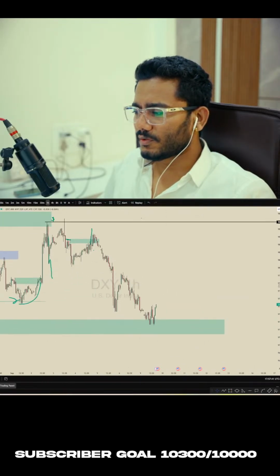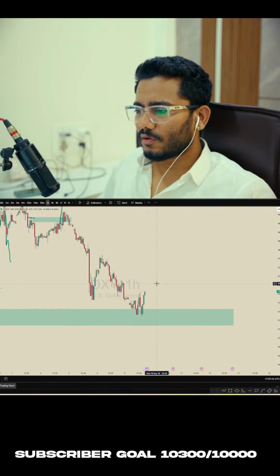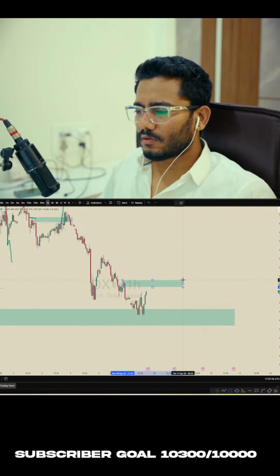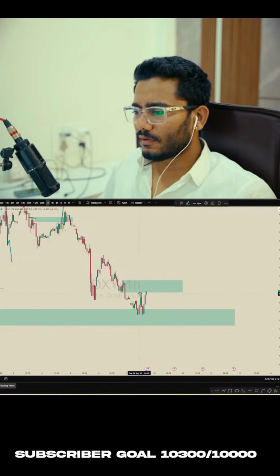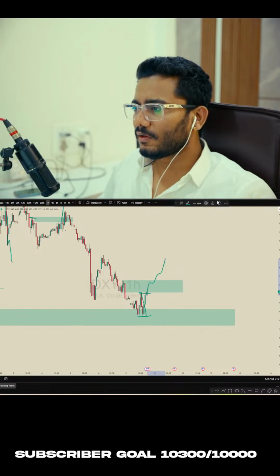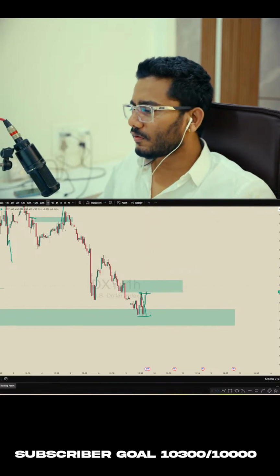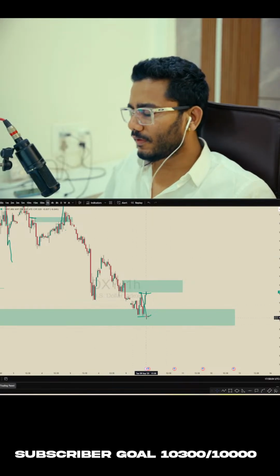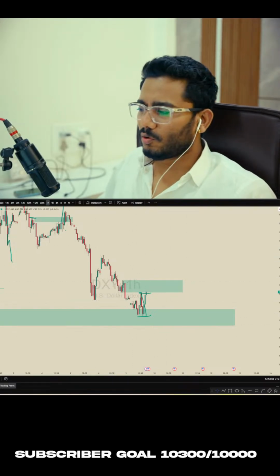We could get a continuation, but there is this 1 hour order block where price has reacted. It reacted, took out this low. I think it should react again. But if it continues to the upside, breaking this high, then we'll see a reversal. So that's why USD JPY and all the USD pairs will continue upside, breaking our order block.